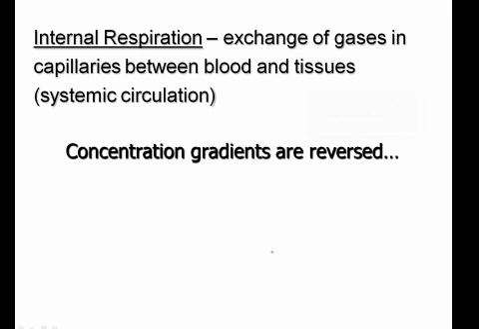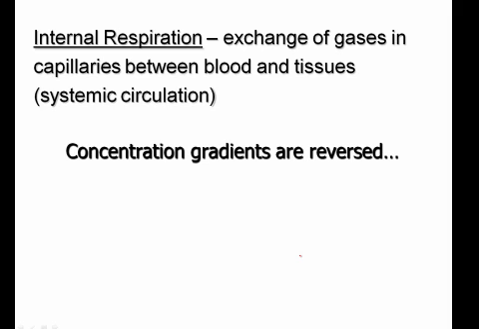Now, once again, it's going to be simple diffusion, but those concentration gradients are reversed because the mitochondria constantly consume oxygen for cellular respiration. The oxygen concentration in peripheral tissue is always going to be lower than the oxygen concentration in systemic capillaries. The byproduct of cellular respiration is carbon dioxide.